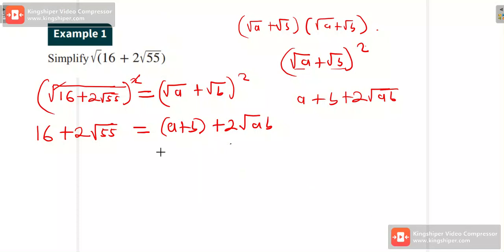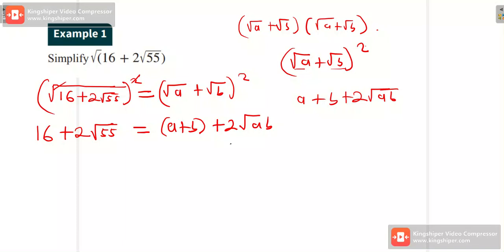Now, when we get to this point, it has become an equation. And remember that we said, whenever you have an equation, we can compare the rationals and we can also compare the radicals.